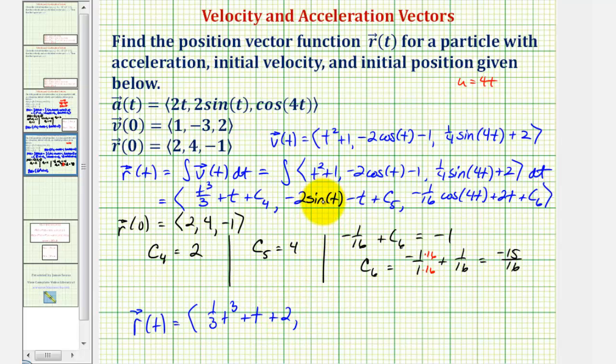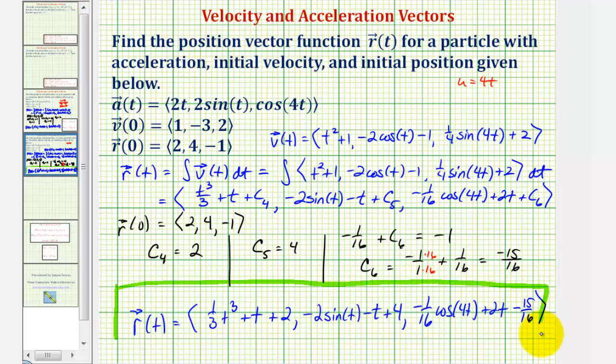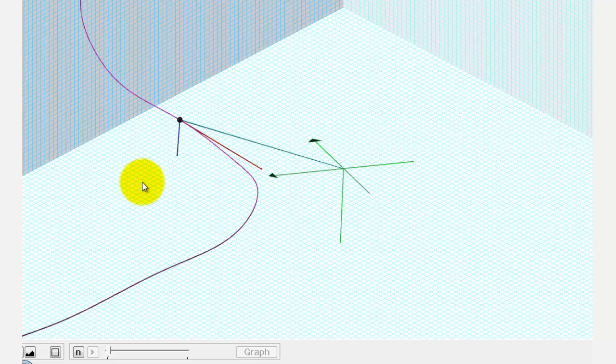The y component is negative 2 sine t minus t plus c sub 5, which is 4, so plus 4, and a z component of negative 1/16 cosine 4t plus 2t plus c sub 6, which would be negative 15/16 or minus 15/16. So quite a long process, but from the given information, we were able to determine the position vector function r of t that once again would trace out the purple space curve that we see here.